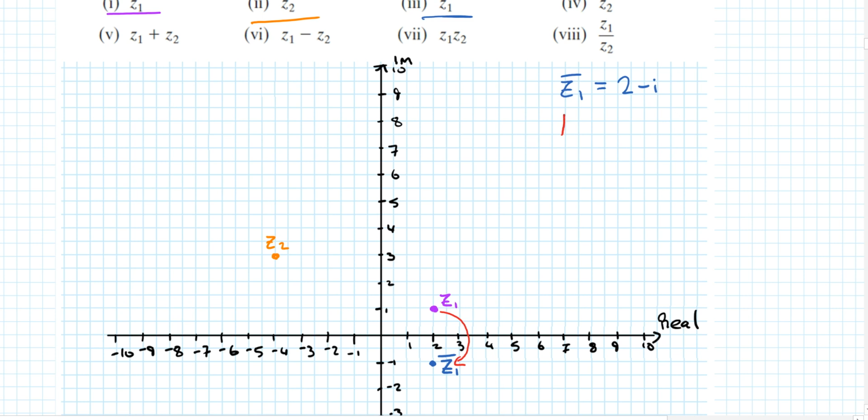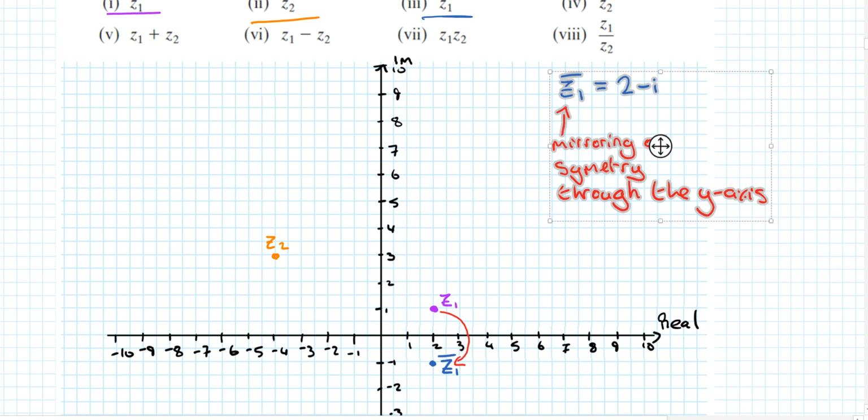A conjugate is a mirroring or a symmetry through the y-axis.